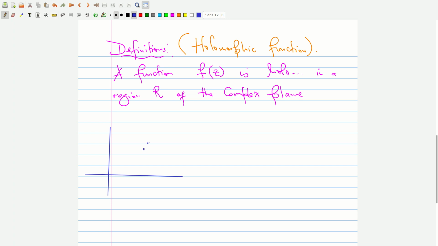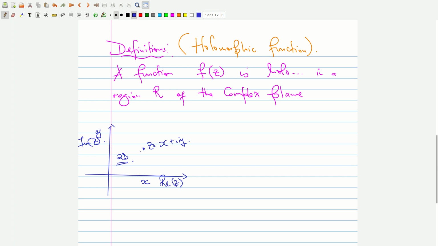If this is z, which is equal to x plus iy, we have the real part of z, which is the x, and then here we have the y, which is the imaginary part of z. So it is defined in a plane. This one here is 2D.